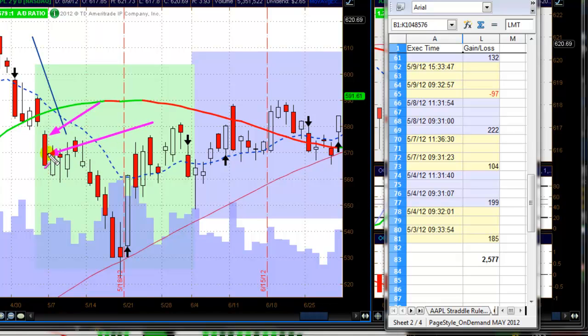For all I know, it may have dropped down here, pulled back up, and then went back down again without looking at a daily, and we will actually be doing that in the next video, because I'm going to hop in the old time machine and go into the past and show you how you can put some limit orders, and you could put stop limit orders in also, if you want to do it that way.